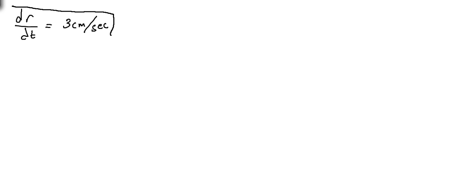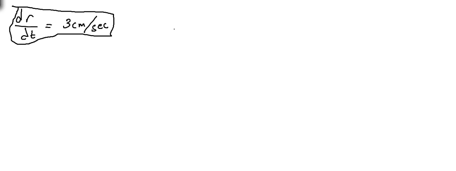This means dr/dt is equal to 3 centimeters per second. This is the increase in r with respect to time. Every second, the radius of the sphere increases by 3 centimeters.